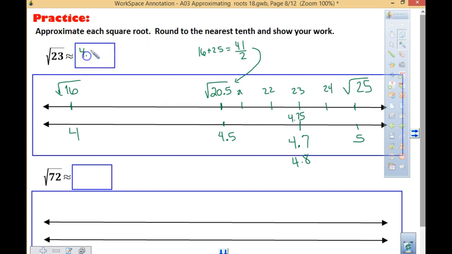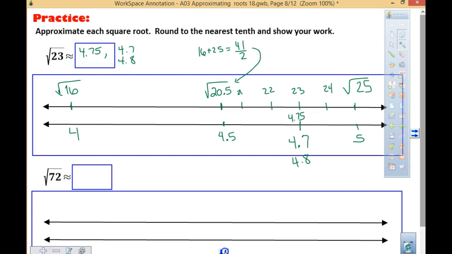If you told me 4.75 on the test, I'd give you full credit if I saw this work. If you told me 4.7, I'd give you full credit. And I'd probably give you full credit for 4.8 because I agree that if this is in between there, it could be any of those if you round it. Okay? So let's do the one down below.